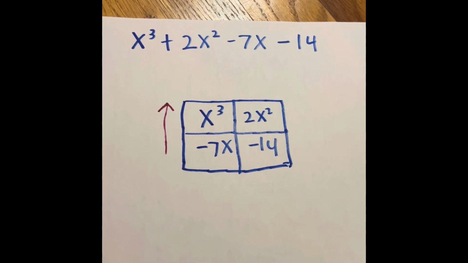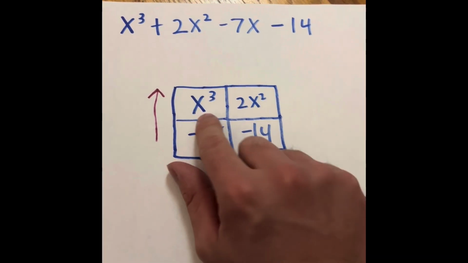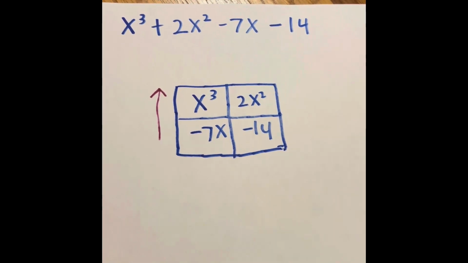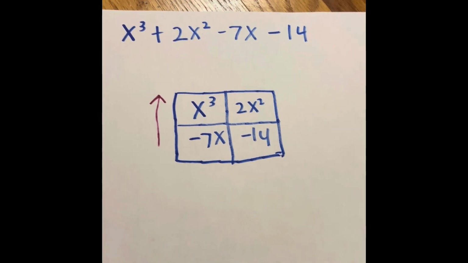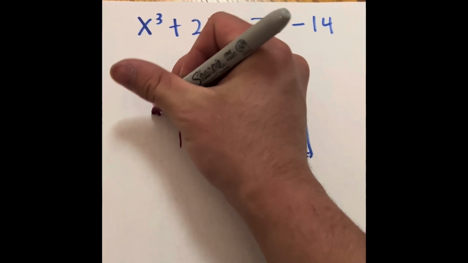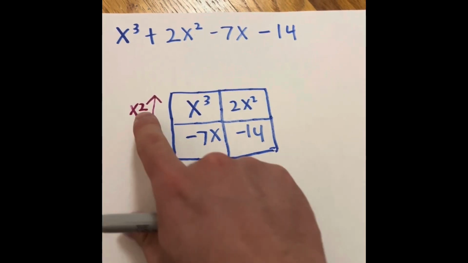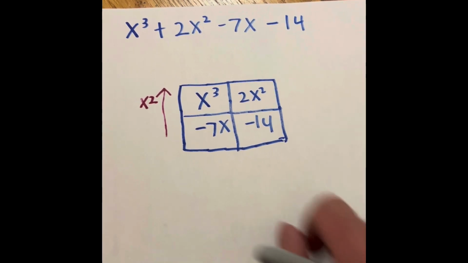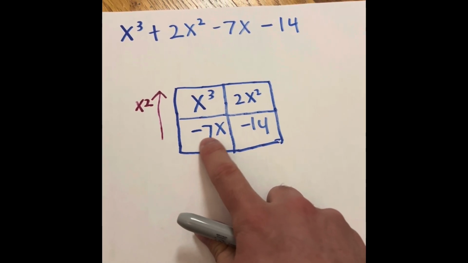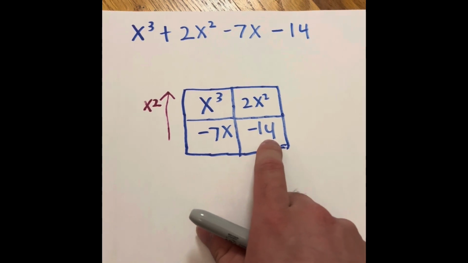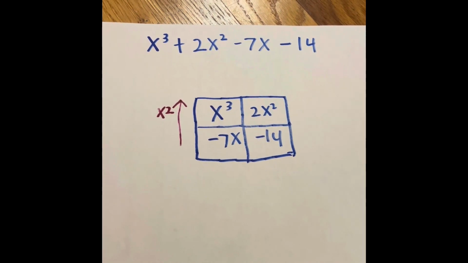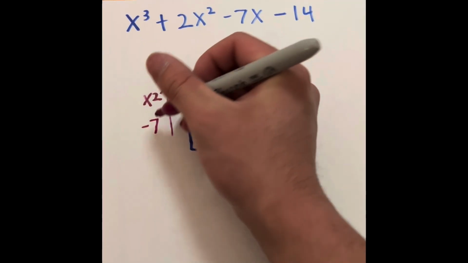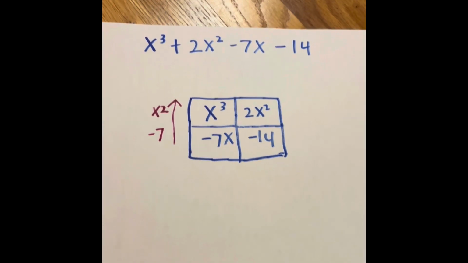What is the greatest common factor of x to the power of 3 and 2x to the power of 2? Well, it transforms into x to the power of 2, because at least it has one of them showing up. What about what's in common between negative 7x and negative 14? Well, that turns out to be negative 7.